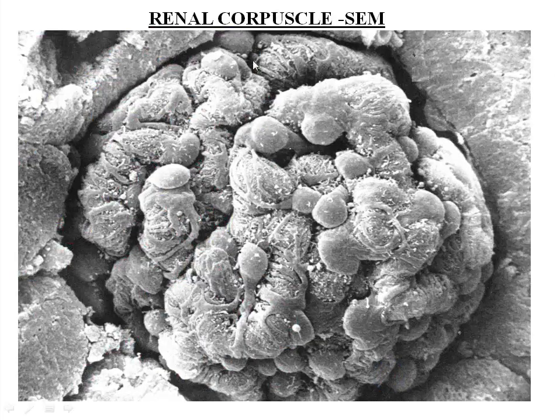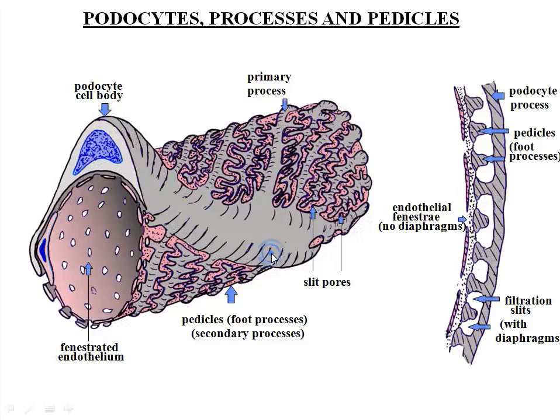Now, if you see these renal corpuscles under an electron micrograph, it looks like this. These are all the podocytes covering these tubules. Okay. Now we were saying many times this podocyte thing, podocyte processes and peduncles, or podocyte in a glomerulus. What is that podocyte?